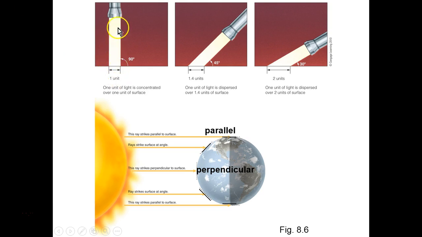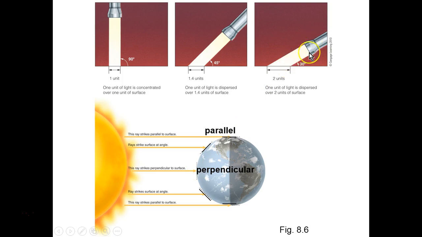Okay, so shining directly down, you have the most intensity of the light, whereas when you shine it at an angle, that light is spread out, and therefore any given location has less intensity of light. So basically, this one right here, where you're shining it directly down on it, that would be like what the equator experiences.